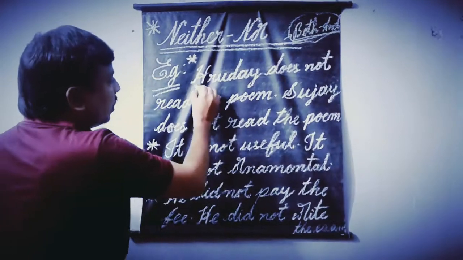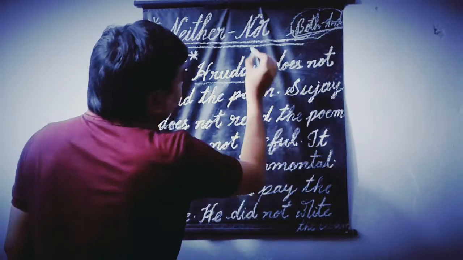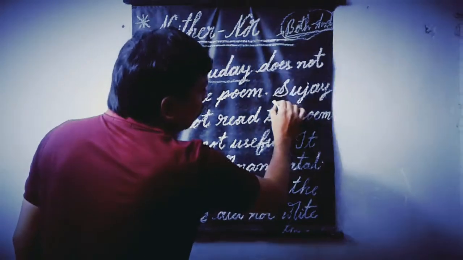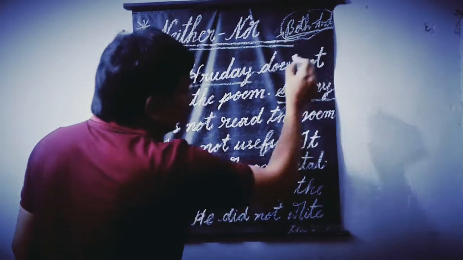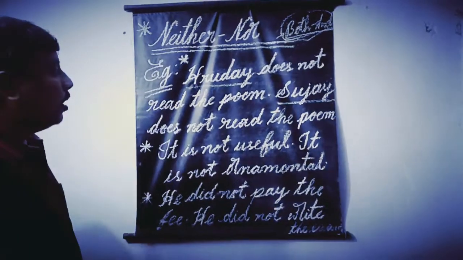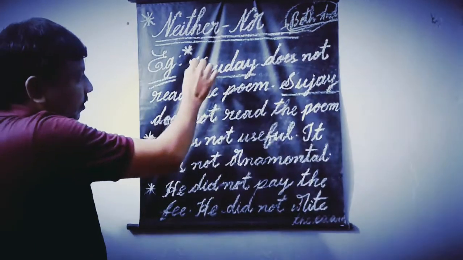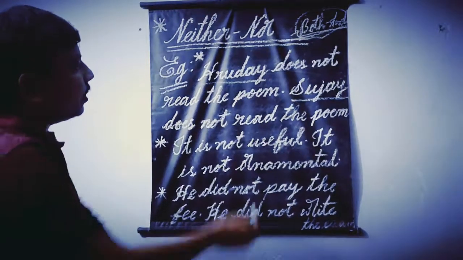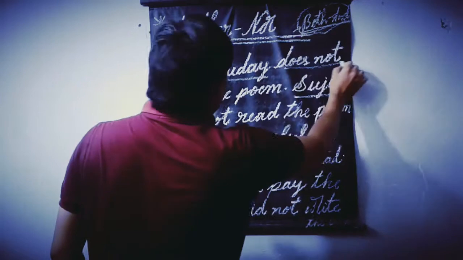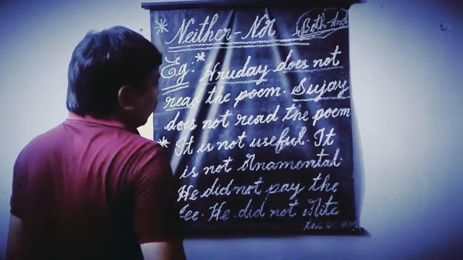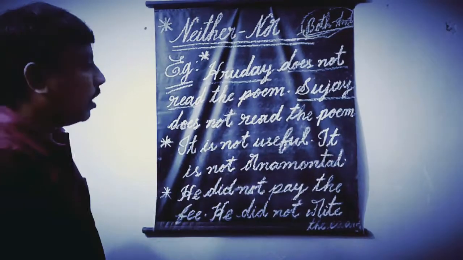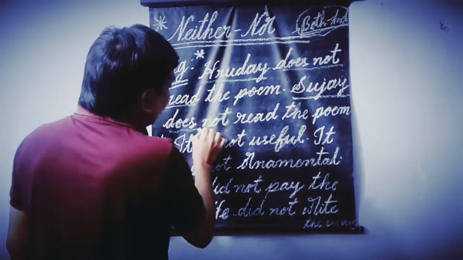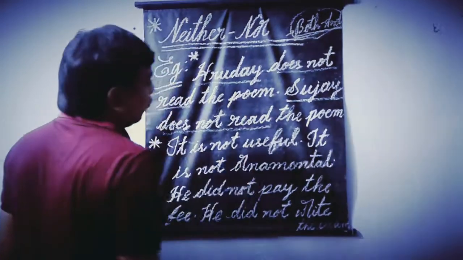Here, Hruday is the subject from the first event. And in the second event, Sujay is the subject. Now we can find two different subjects, and does not read is the verb from the first event, and from the second event also we can find the same verb, does not read.